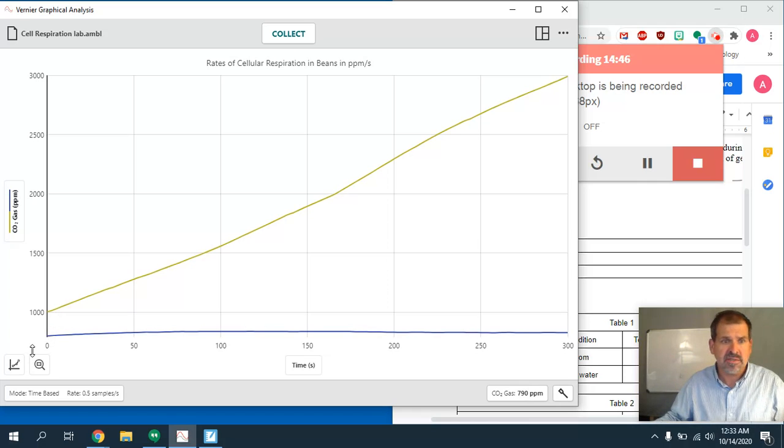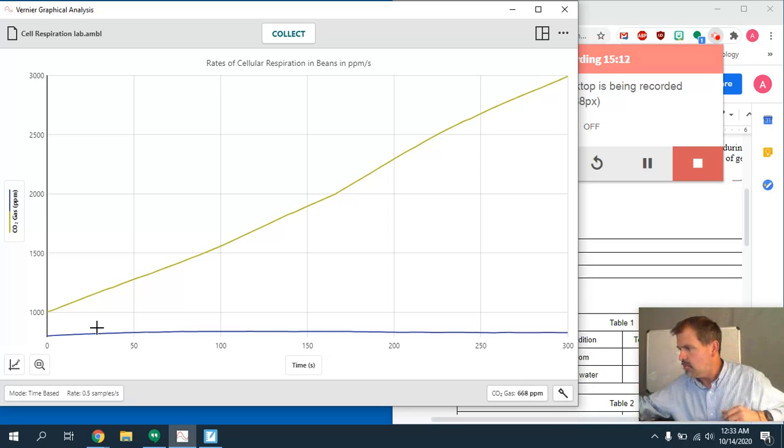So over 5 minutes, we had basically no change in the amount of CO2 inside this container. We would infer from that that the chemical reaction of cellular respiration is not taking place. The glucose inside the seed is not being converted into water, ATP, and carbon dioxide. So again, always keep in mind that big picture.